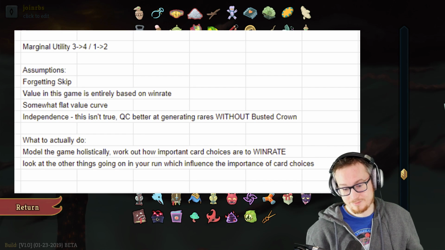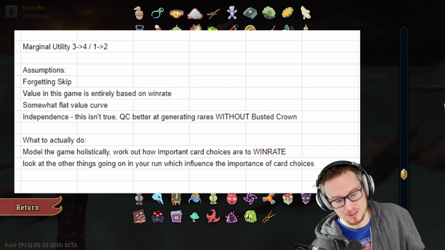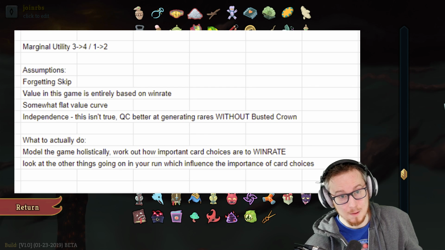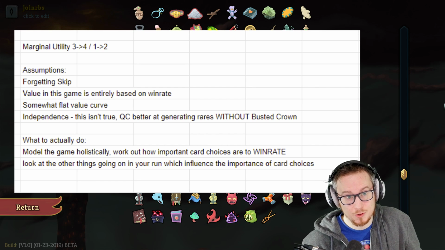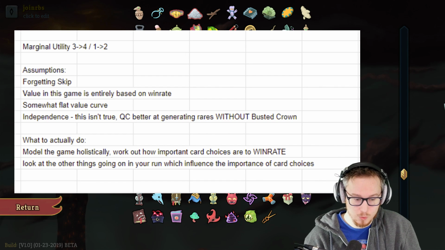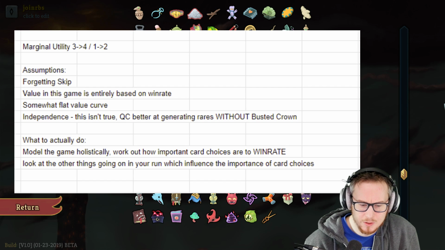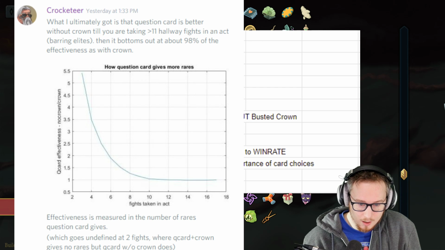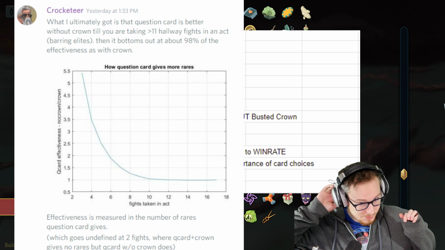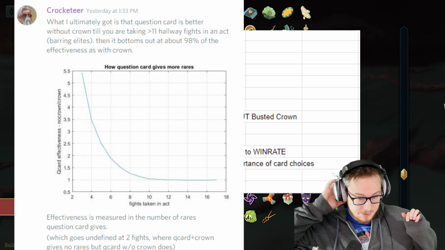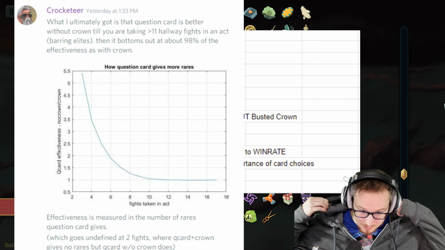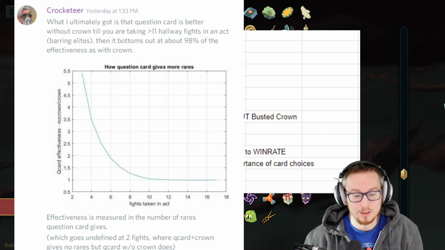And so this actually completely busts the entire argument, because it means that Question Card is a lot better at making you new rares without Busted Crown than it is with Busted Crown. We ran some simulations on Discord. This was one of them that we did, which I thought Crocketeer presented in a way that was very easy to present to an audience and have them understand what was going on exactly.